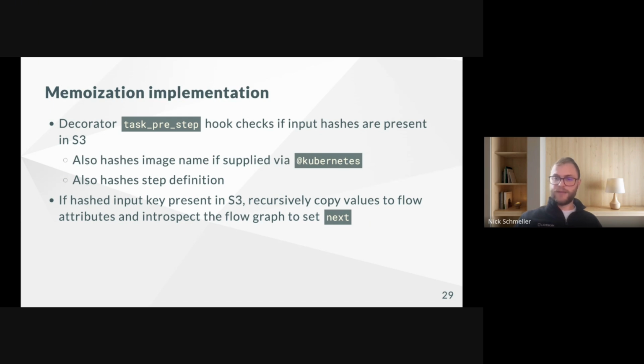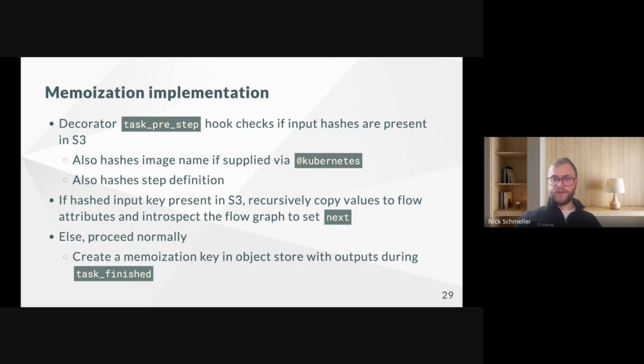It's a hacky way, but it seems to have worked for us so far. If it's not present, we compute the job as usual, and then on the task finish hook, we create that memoization key and copy the values to the output S3. So basically, if it's there, use it. If it's not there, put it there.